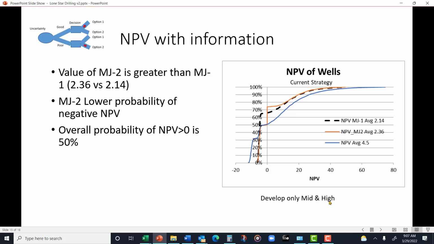If we developed all three, it gave us information, but if we have the same decision policy, then we've gained nothing. There has to be the possibility of changing our decision policy with the information versus without. If we do the exact same thing, we're going to get the exact same answer, other than the cost of the test.